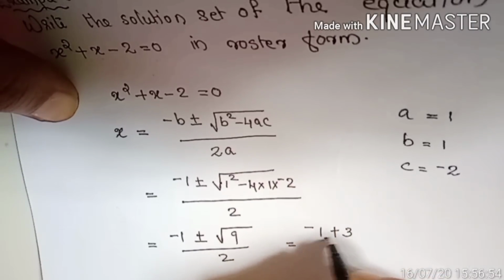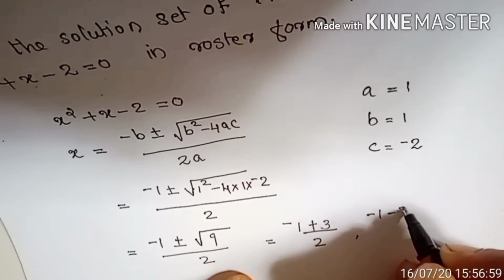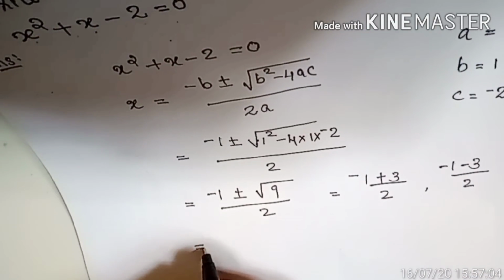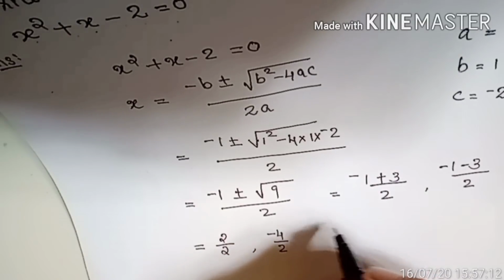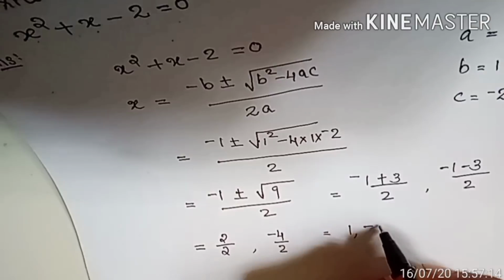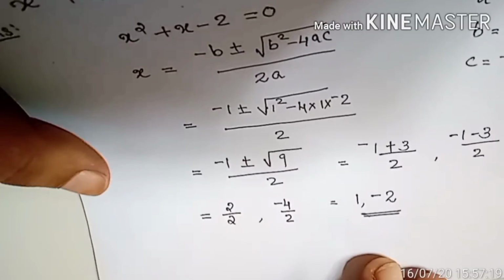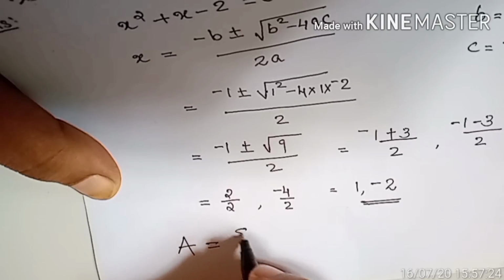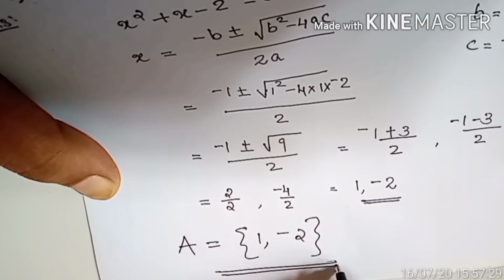That is equal to minus 1 plus 3 by 2, minus 1 minus 3 by 2. So the answer is 2 by 2 and minus 4 by 2. That is, the solution is 1 and minus 2. We want to write the solution in roster form. So we can write this as A is equal to set 1, minus 2.